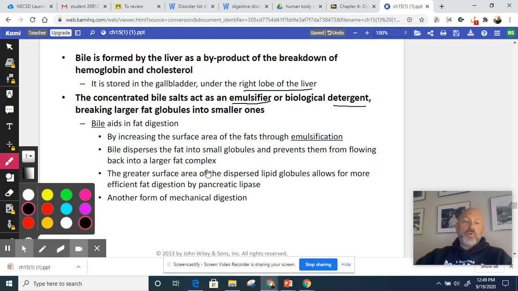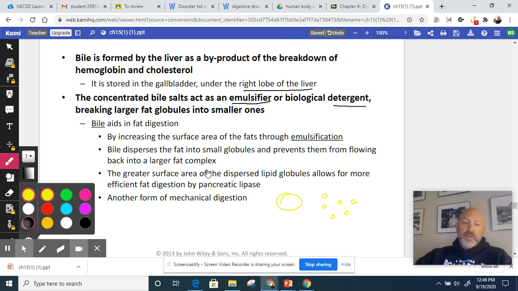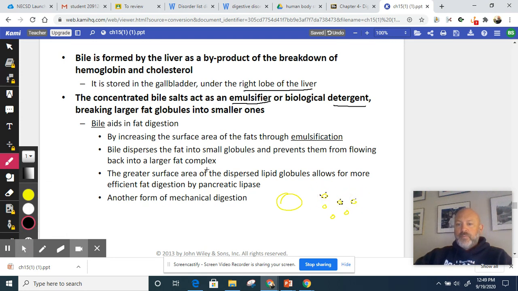Like I said before, if we take a large globule of fat and break it down into smaller globules, these globules will want to find each other and go back into a bigger one, but we surround them with bile salts, preventing that from happening. And that creates more surface area for our real digestive enzymes like lipase to work on those even further. So this is called emulsification.